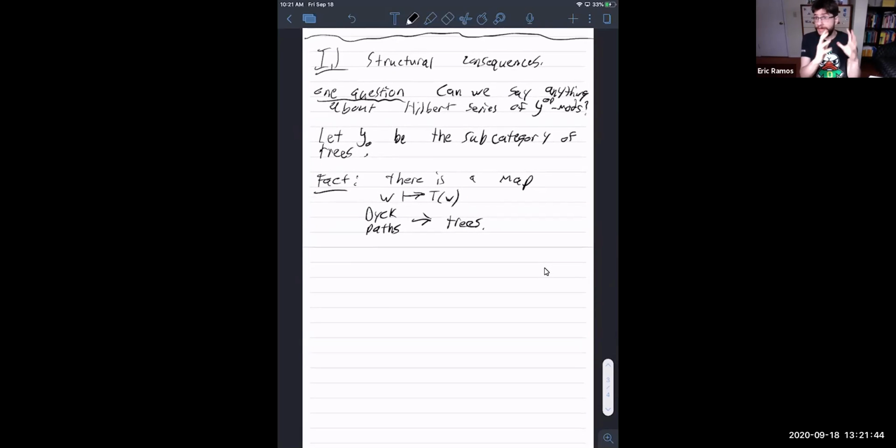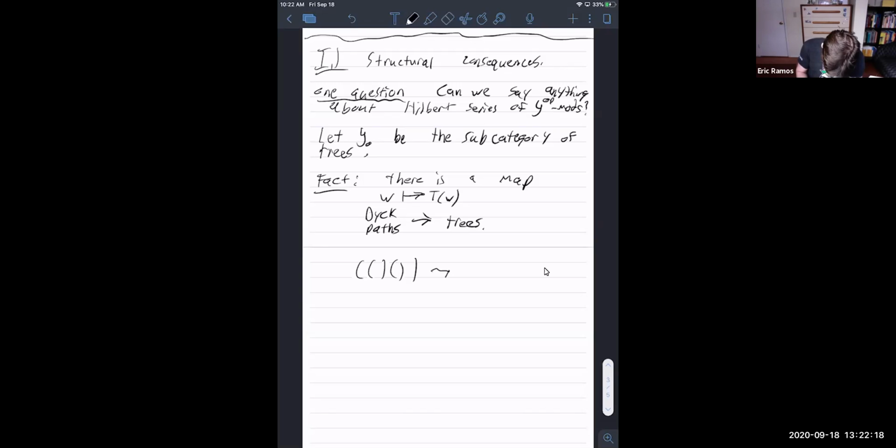So there's a way to assign to every Dyck path a tree. You can actually see this quite nicely. So for instance, if my Dyck path is the following, I can assign to this a tree in this way. Read from left to right, and every time you read a left parenthesis, you go up, and every time you read a right parenthesis, you come back down.